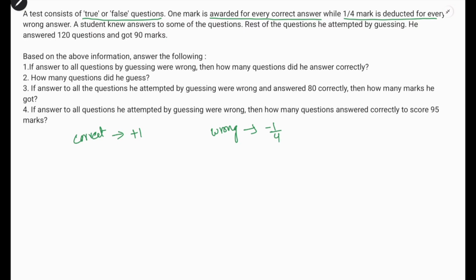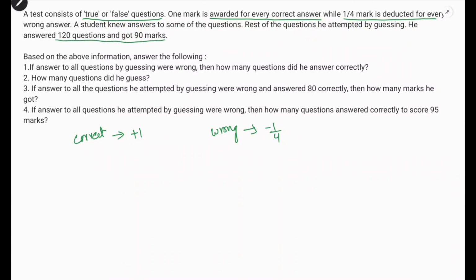A student knew answers to some of the questions. The rest of the questions he attempted by guessing. He answered 120 questions and got 90 marks. So the total number of questions is 120, and he got 90 marks.